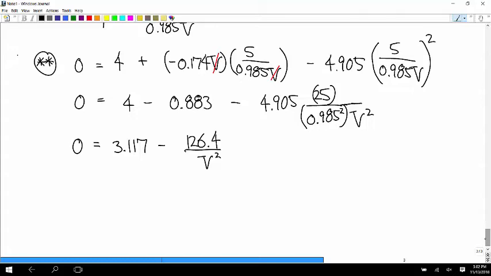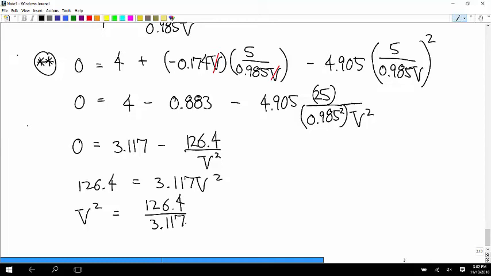It's in the right ballpark anyways, about 125 divided by 1. So 126.4 is equal to 3.117 V squared. So V squared is equal to 126.4 divided by 3.117.